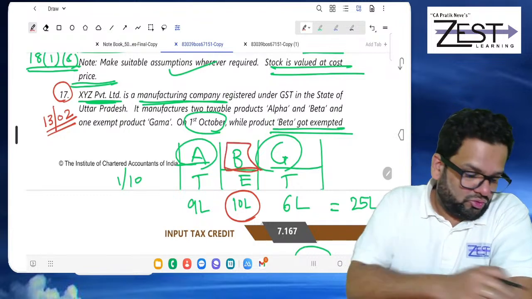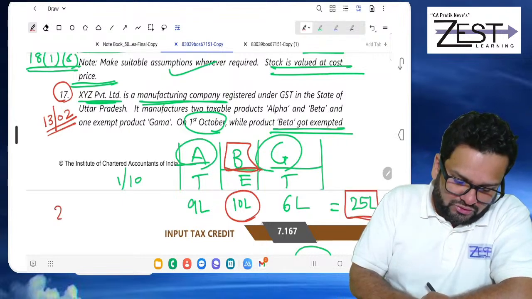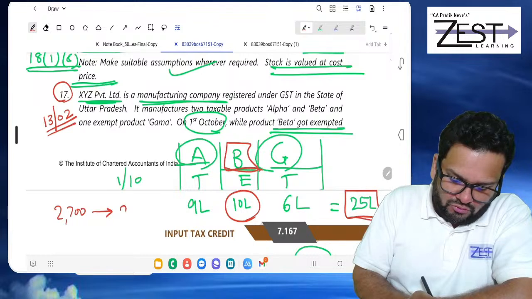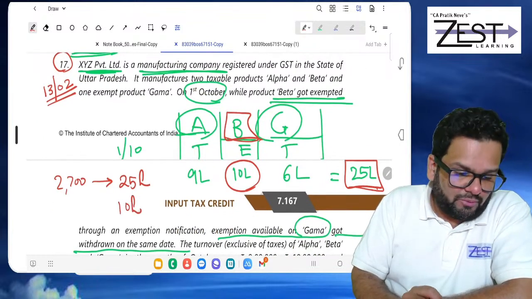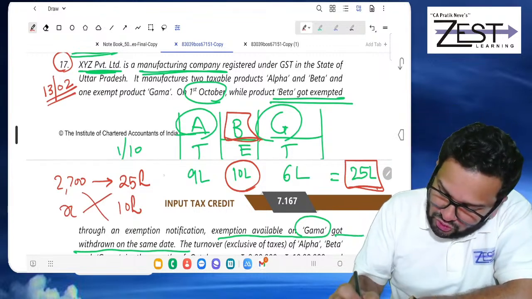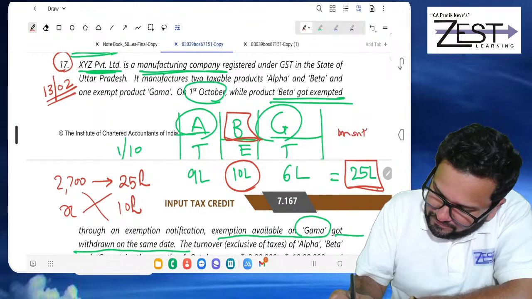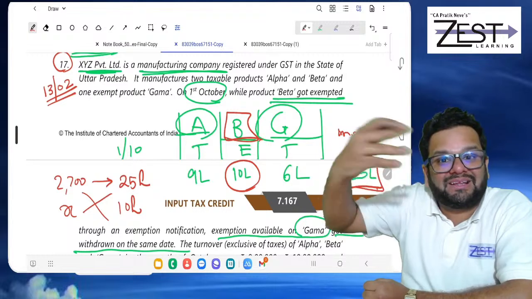So 2700 is used for making supply of 25 lakhs. So how much is used for making supply of 10 lakhs? See, this turnover is monthly. So ITC disallowance of capital goods should also be monthly.